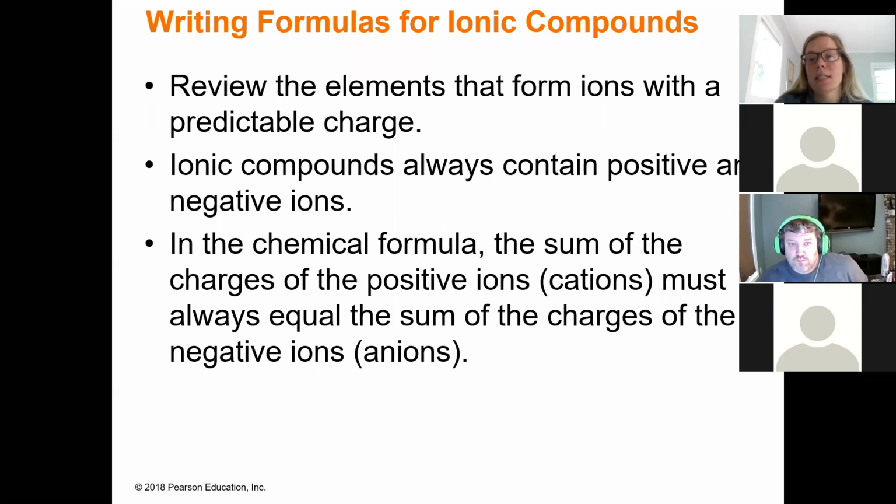Ionic compounds will always contain one positive and a negative. Okay, so the positive and the negative are going to then, working into this third point, the positives and the negatives need to balance each other out, or the sum of the positive charge from the cation must equal the sum of the negative charge on the anion so that the overall molecule is charge neutral.